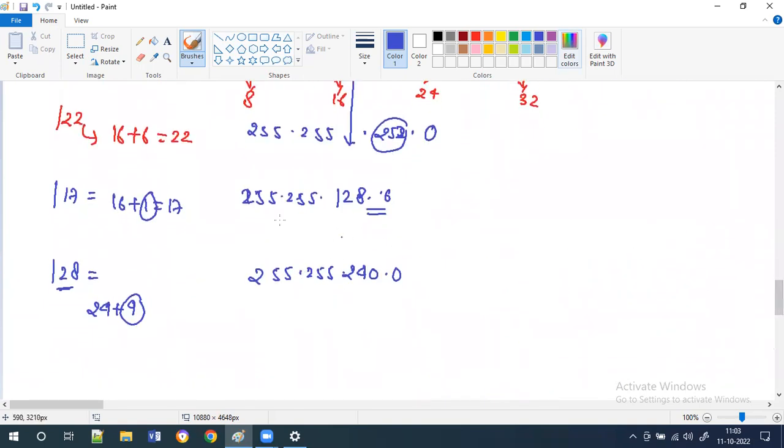Right? 255 dot 255 dot 255 dot 240. Changes are happening in the last octet, right? So the last one will get converted. Correct? Done? First way is clear?